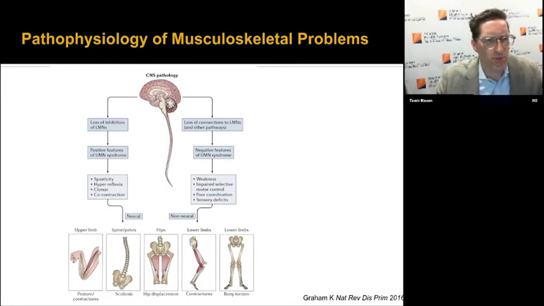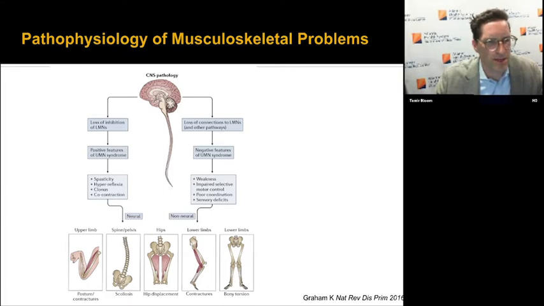This syndrome has both positive and negative features. Most of our modalities in orthopedics are focused on the positive features because we can address these, whereas the negative features are more difficult to address. So what are the positive features? Spasticity, hyperreflexia, clonus, and co-contraction.